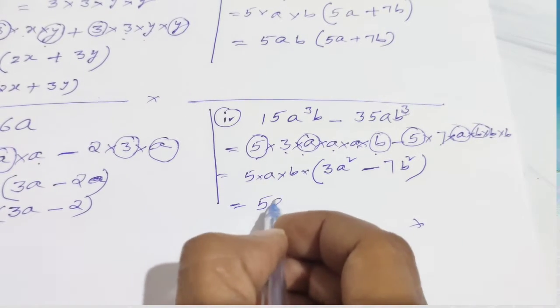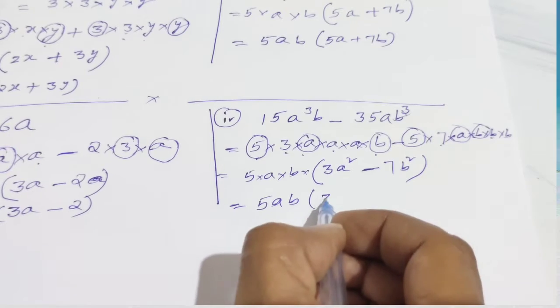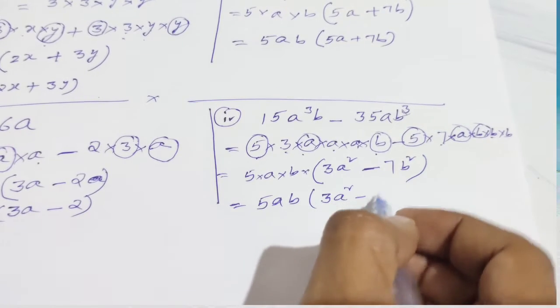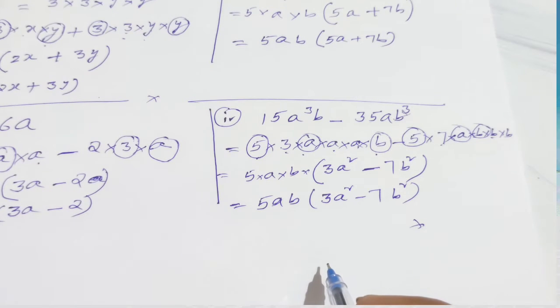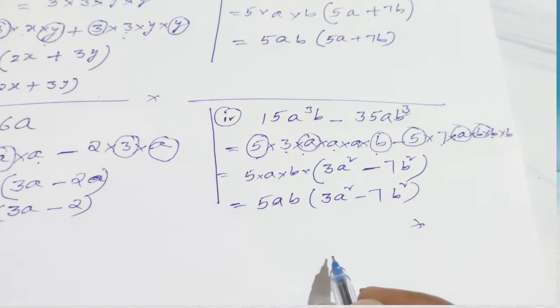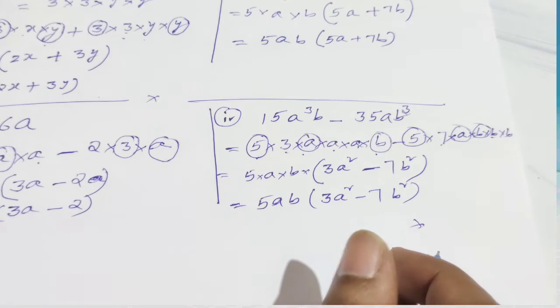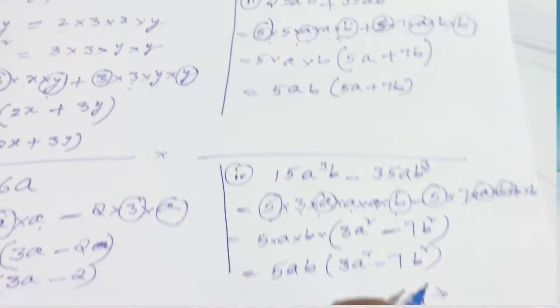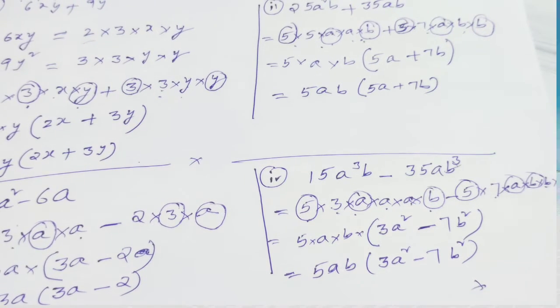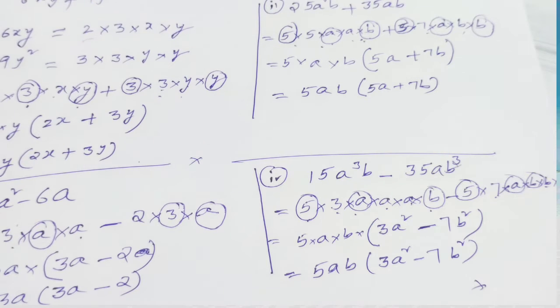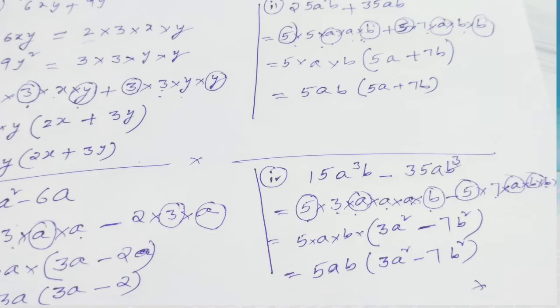So on simplification we get 5ab into (3a square minus 7b square). So like this we can do the factorization in the method of what? Common factors. Okay, so listen carefully and take a notebook and pen and do practice along with me.